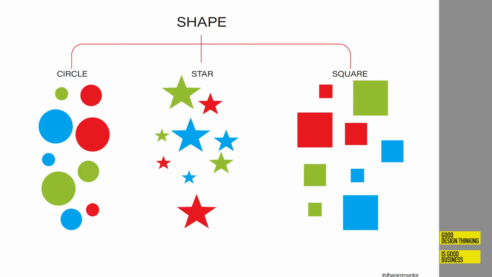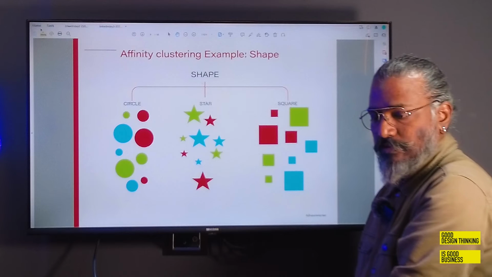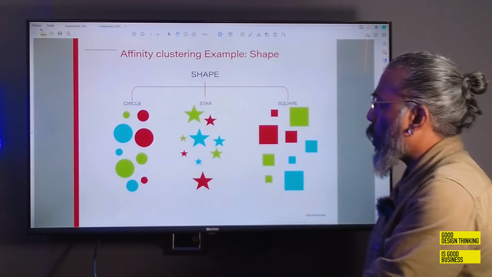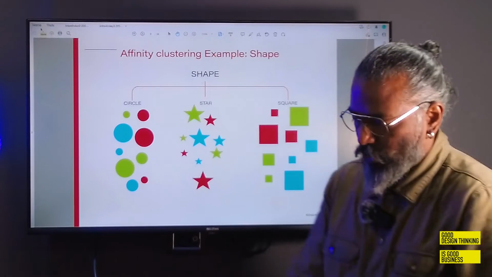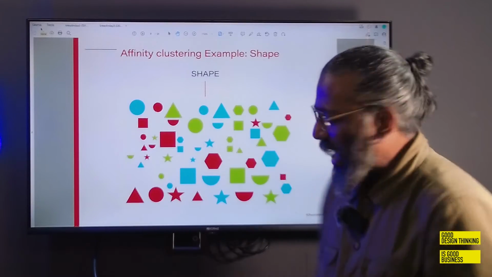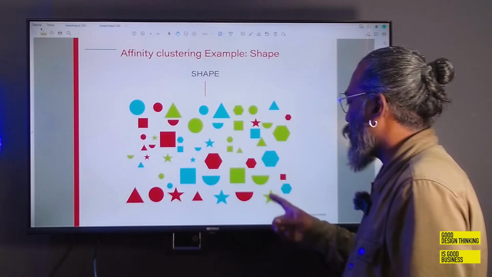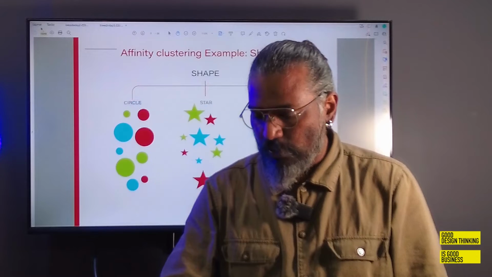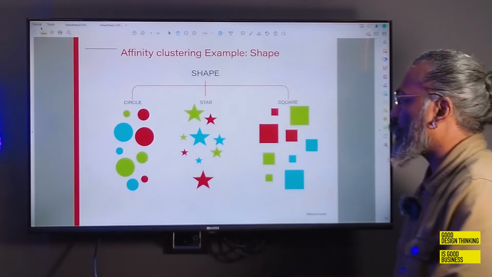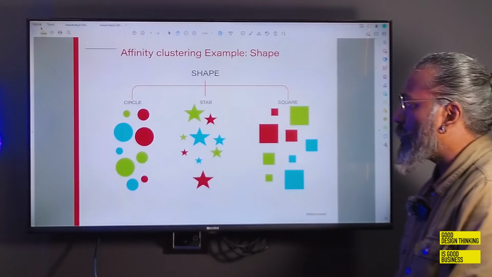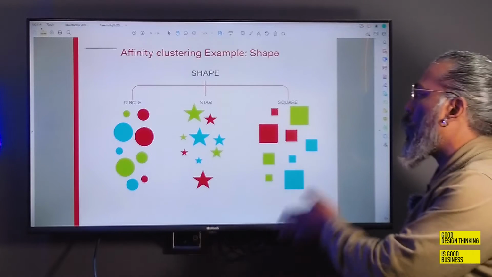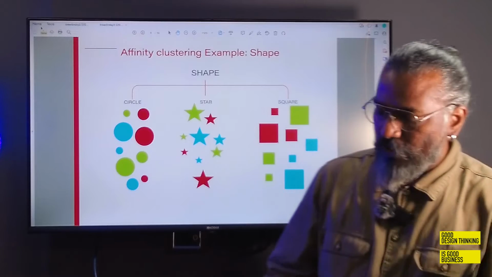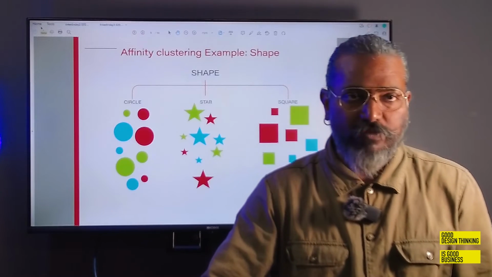Then we have a square. Okay, circular, star, square. Yes, of course, I can have triangle or other shapes also. I'm just trying to use a few of them over here. So you can see circle, star, square, triangle, hexagon. You can have half circle like that.